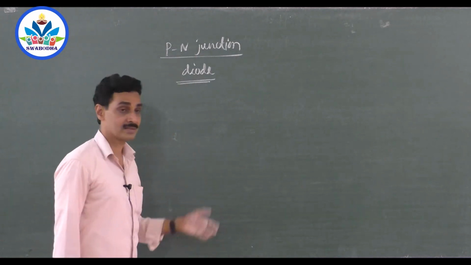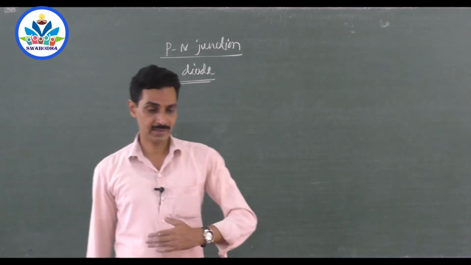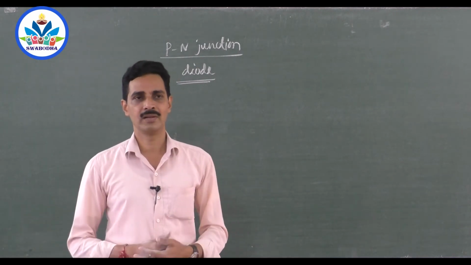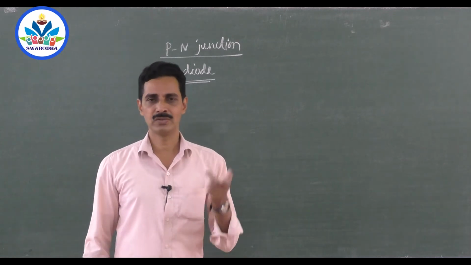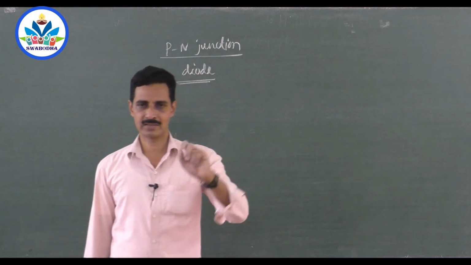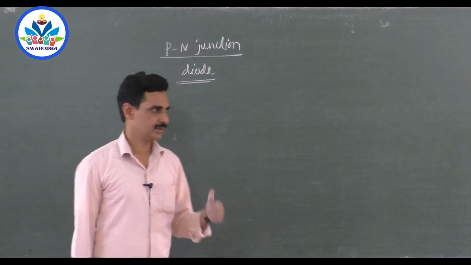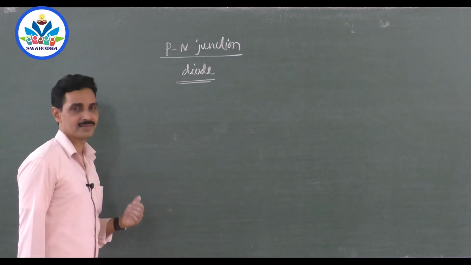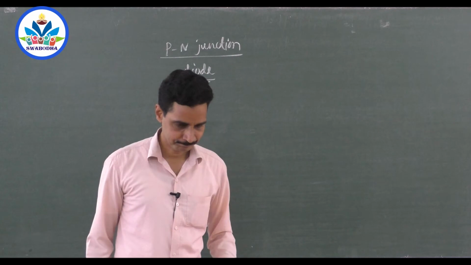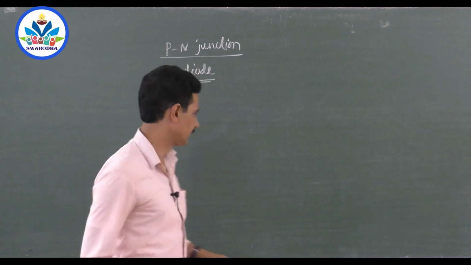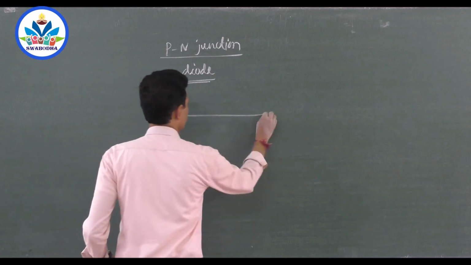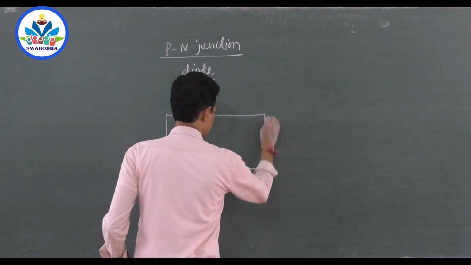Now one such step that is a milestone in the invention of semiconductor devices was the diode. Di means two. Diode means two ends, two terminals, two regions. Now, how do you construct a diode? Take a semiconductor, say pure silicon.